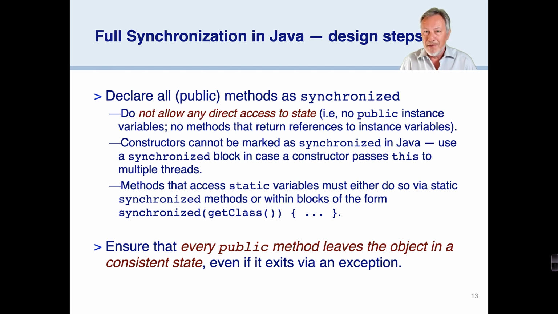Recall that only methods may be synchronized, and constructors are not considered methods in Java, so they cannot be marked as synchronized. If for some reason something weird is going on within your constructors, then you may have to use a synchronized block. This is really pretty much an edge case, so I doubt that you'll ever encounter this in practical programming in Java. But consider the possibility that within a constructor, the constructor passes this to some other object, which might expose the reference to this to other concurrent threads.